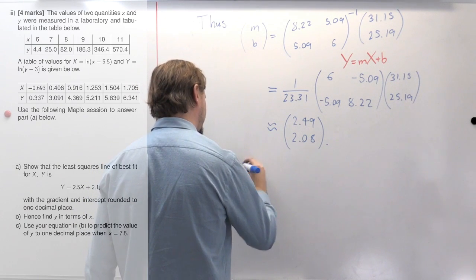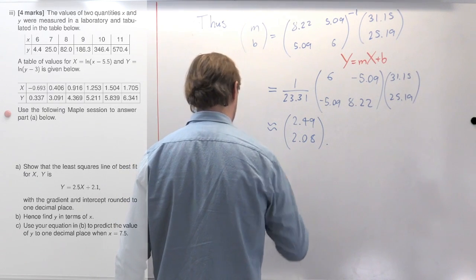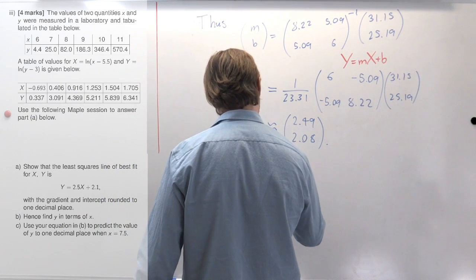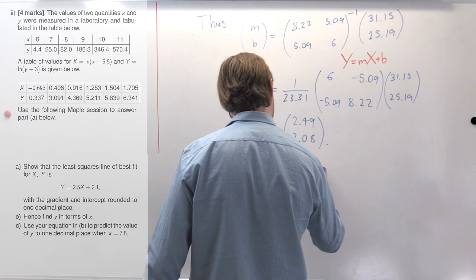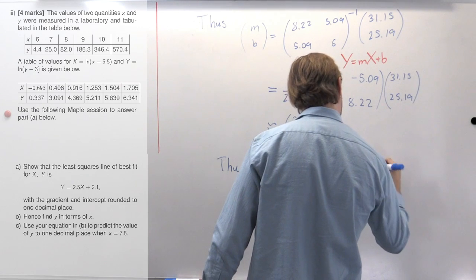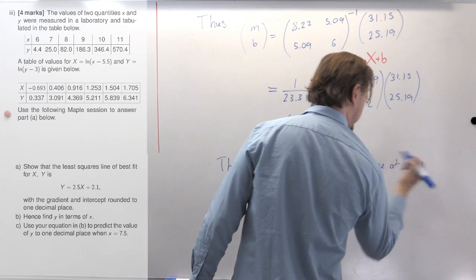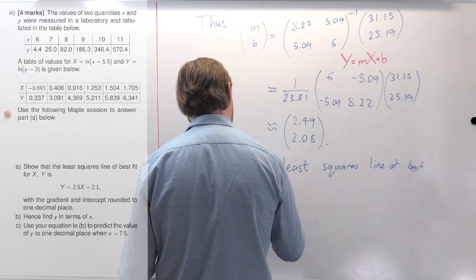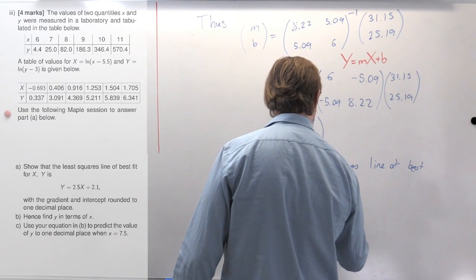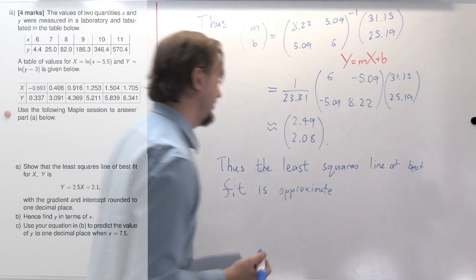But this allows us to give the least squares line of best fit. Thus, the least squares line of best fit is, and really I've made approximations on the way, so this isn't the perfect solution, but for these sorts of things an approximation is a good enough solution.